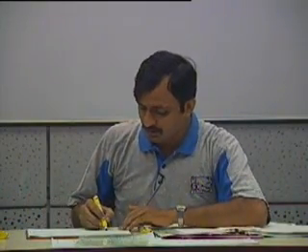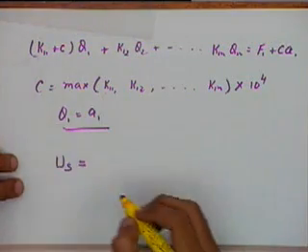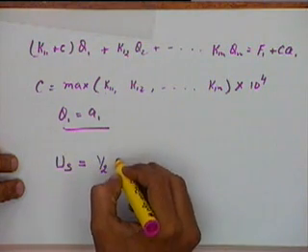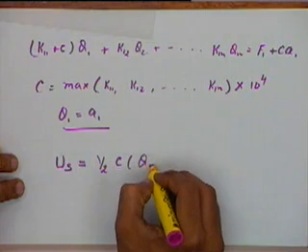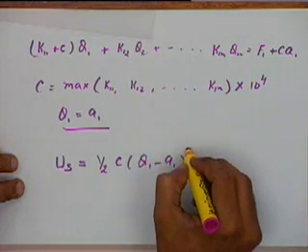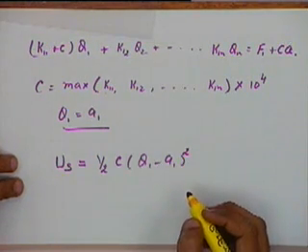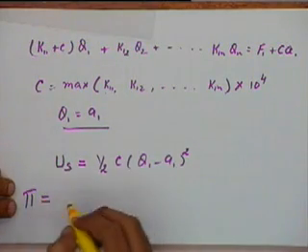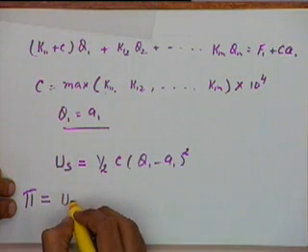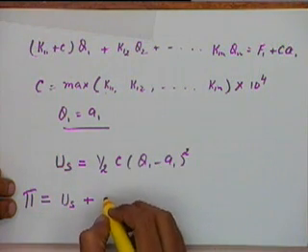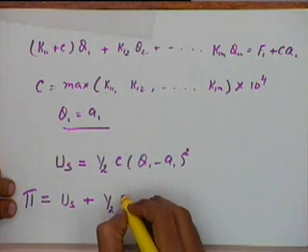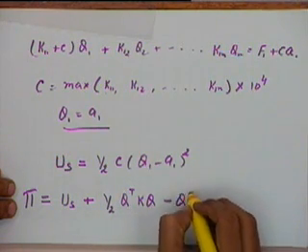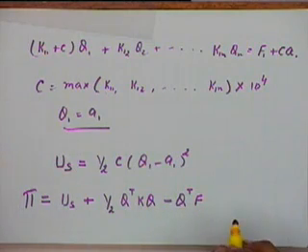Earlier I mentioned that Us, that is the strain energy in the spring, is equal to half of c times q1 minus a1 squared. Okay, the total potential energy in the system was pi, which is equal to Us plus the other terms, that is half of q transpose kq minus q transpose f.